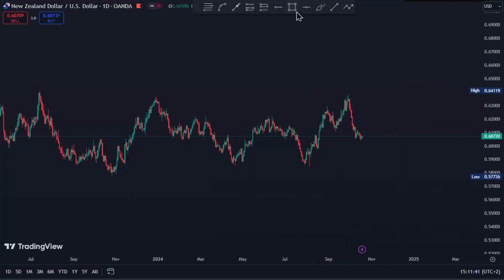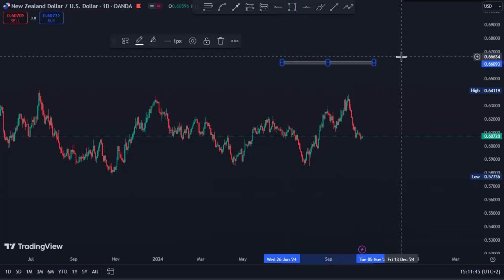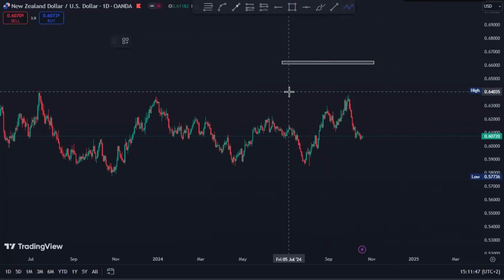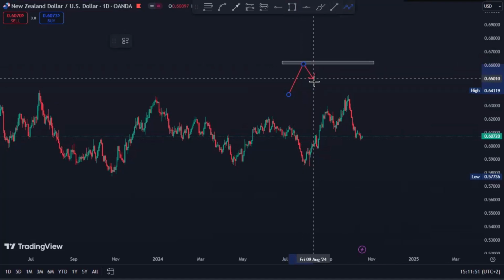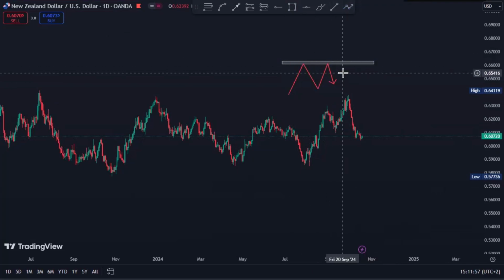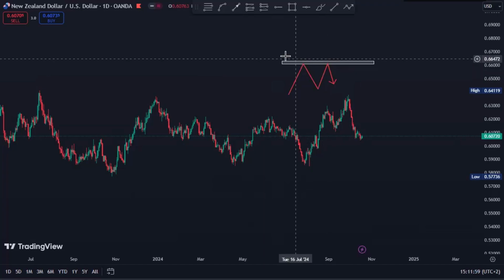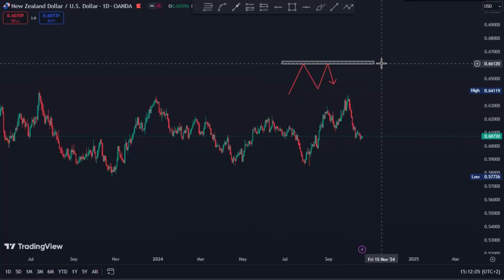A strong zone is something like this. It's when the market touches first, like this, and then touches again, like this. So we identify this zone as a strong area, meaning around this area, this support, this resistance, there's a huge amount of sellers.